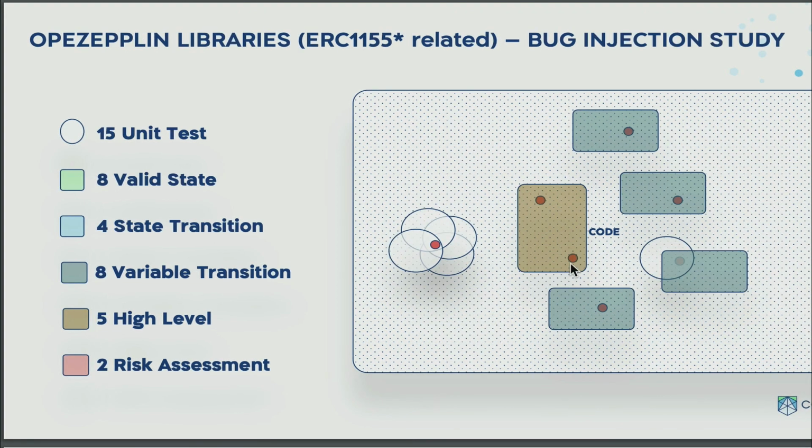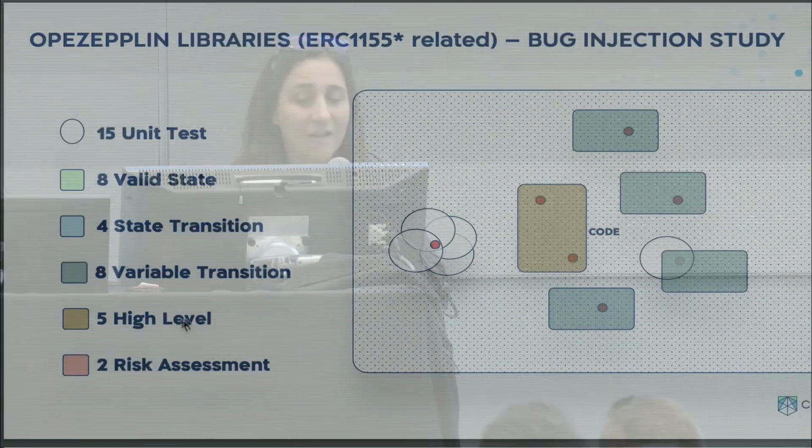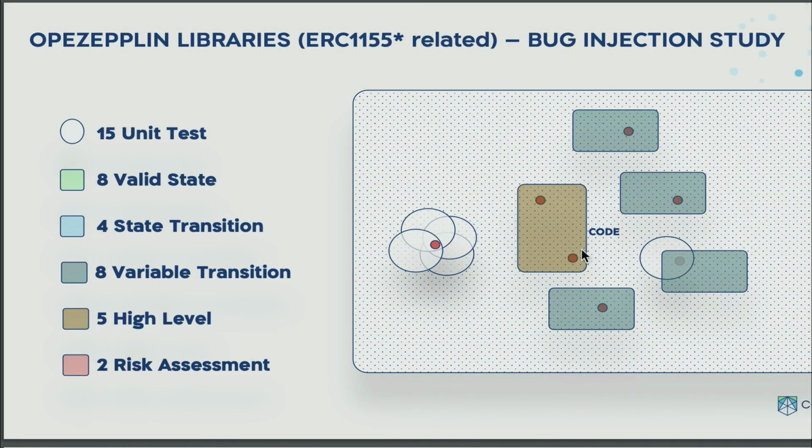And this also gave us the idea that we need to do much more to understand what the coverage is. So we started more coverage testing. And what we are actually doing is a bug injection study. The main takeaway for me is I want to see what type of properties give us good coverage. As we see here, just one high-level property, there were 5, but one found 2 issues.